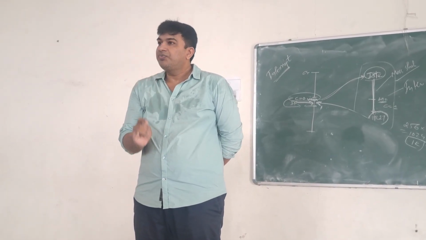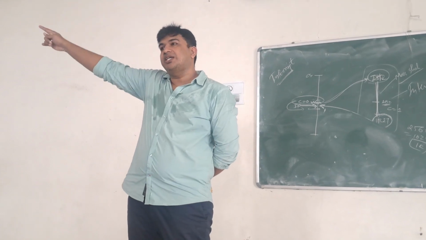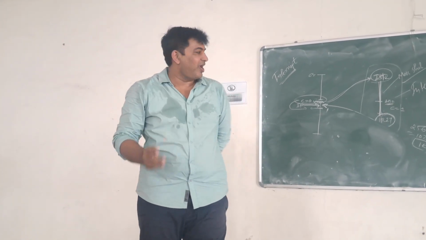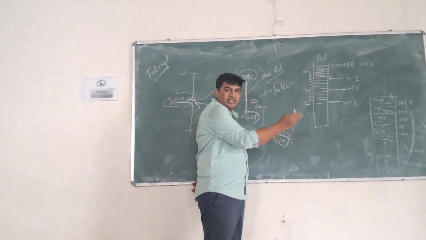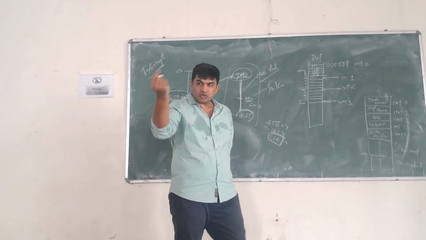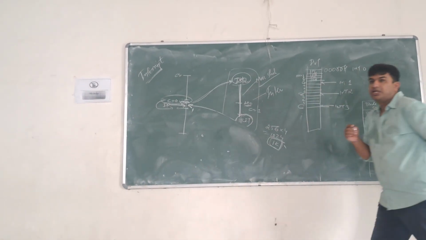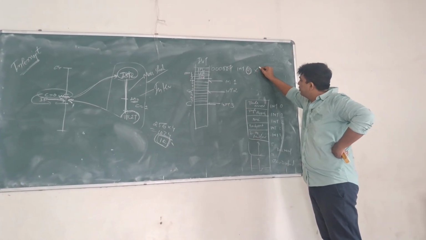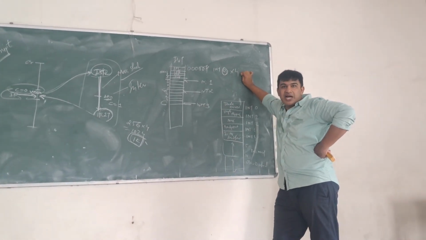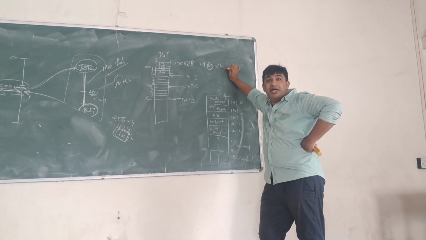What does it contain? The address where your ISR is stored. Now every time I can't go and check all my 1K locations. If I multiply the interrupt number with 4, I will get the starting location of my interrupt address.